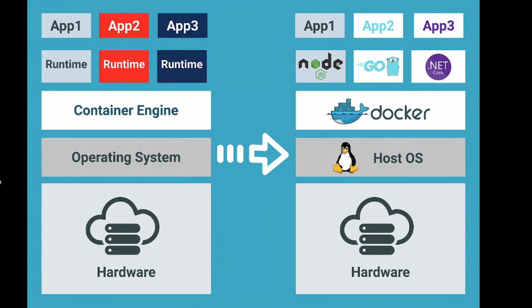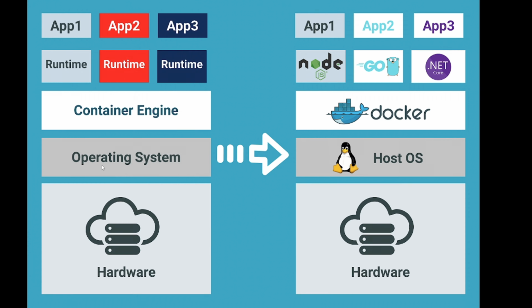Let's suppose we have three containers. One is app1, one is app2, and a third one is app3. Every container has its own runtime environment, right? Because all containers are running on a Docker engine, a container engine. And you can see we have only one operating system, one hardware.